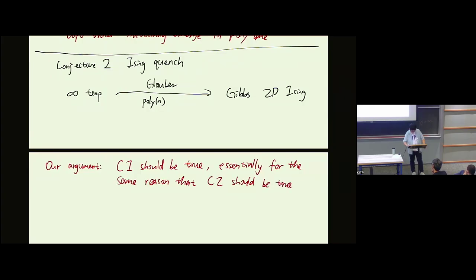This is saying something very non-trivial because we are trying to create topological order while this is classical. But maybe you can still see that they share some similarity. So if the Ising quench could work, maybe even the Fourier code quench could work. I will skip this argument, and for my remaining time, I will try to tell you a little bit about why the Ising quench is true.